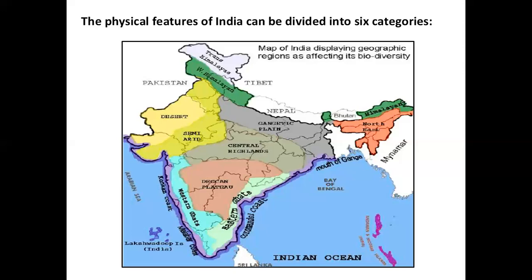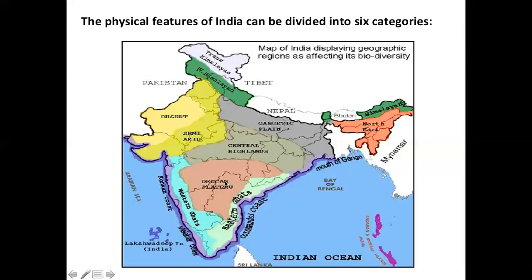The 3 major river systems of India, that is Indus, Ganga, and Brahmaputra, made these northern plains very fertile. And this is why many food crops are grown here. So children, you know now where it is located. You can see here this part, just below the northern mountains, are the northern plains.